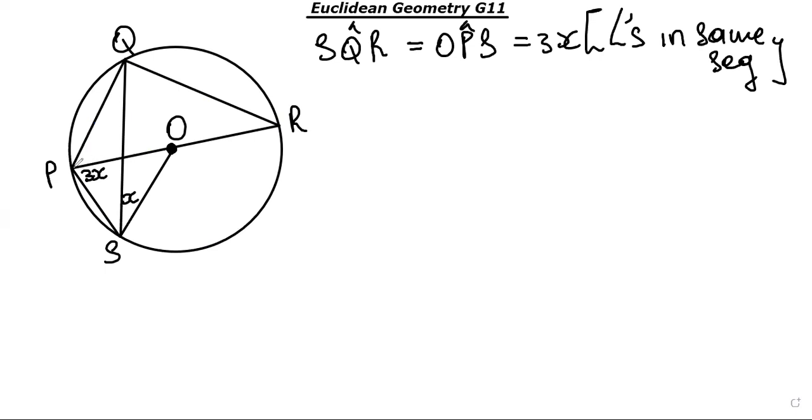Well, you realize that PR is the diameter of the circle, and the angle subtended by the diameter at the circumference is 90 degrees. So that's where you begin by telling them that the whole of angle Q is actually 90 degrees because it's an angle in a semicircle.